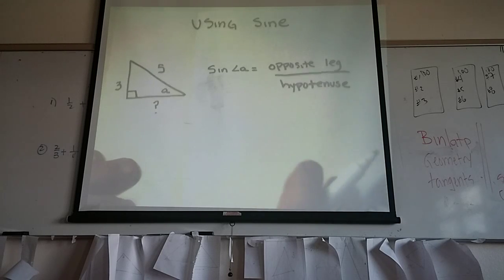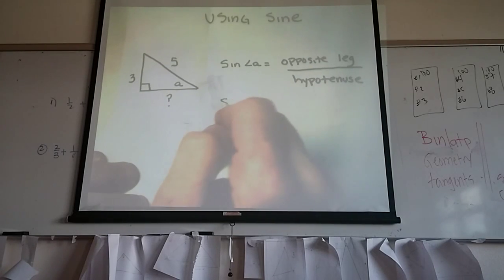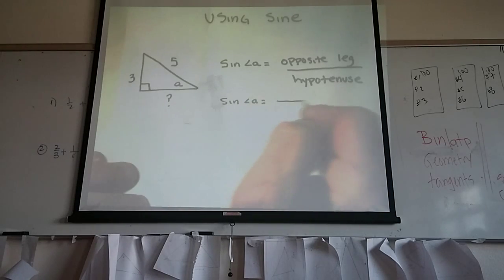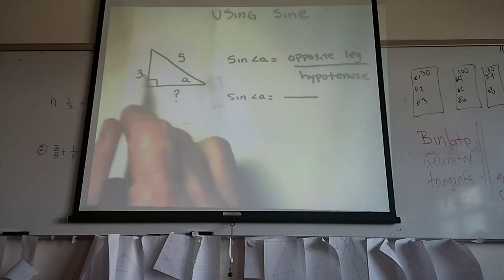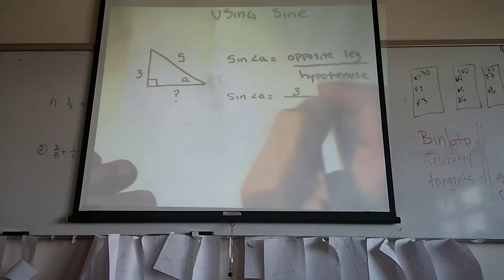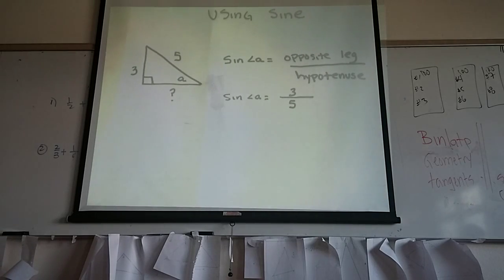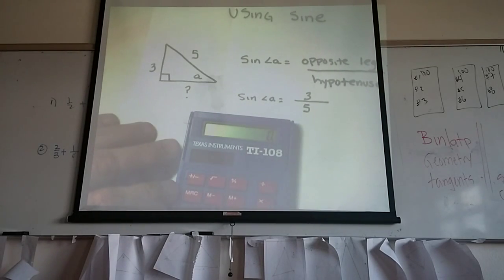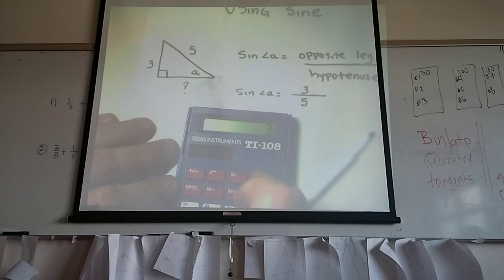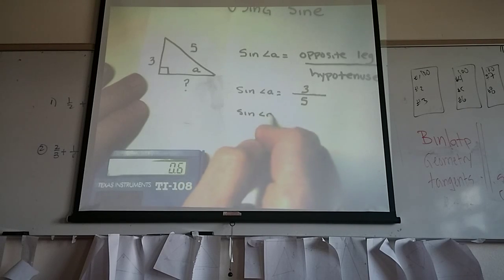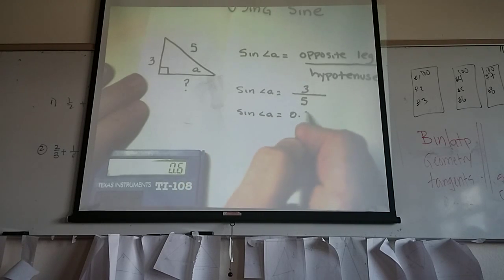So here, sine of A, I don't know what it is, but I do know what the opposite leg is, and the opposite leg here is 3. The hypotenuse is 5. If I look on my calculator, 3 divided by 5 is 0.6. So I have here sine of angle A has to be 0.6.